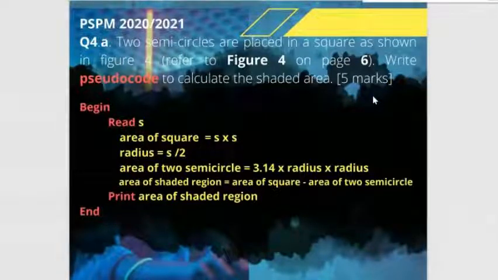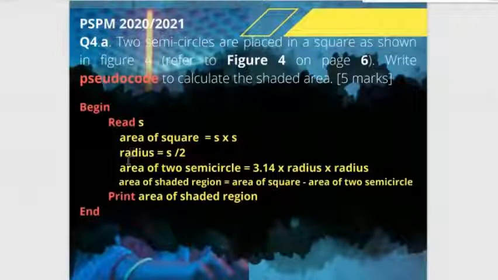All right. So now we want the area of the shaded region. Okay, calculate the shaded area. You can use the name area of shaded region, or you can simply use shaded area as the output name.